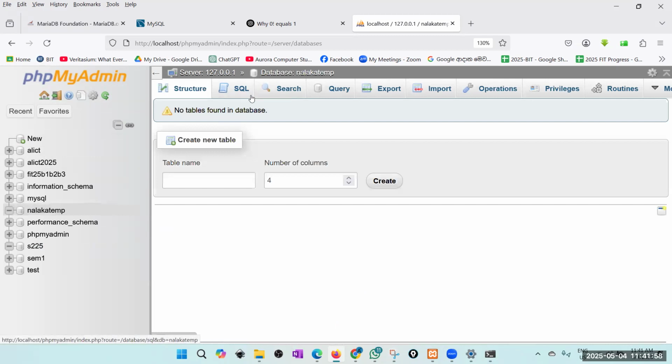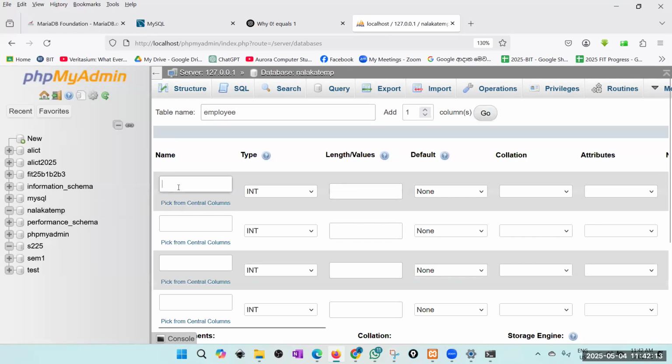And of course, I can go and create tables. Table name, let's say employee. How many columns? You can change the number of columns anytime. So then you give the column name, say employee ID, and so on.